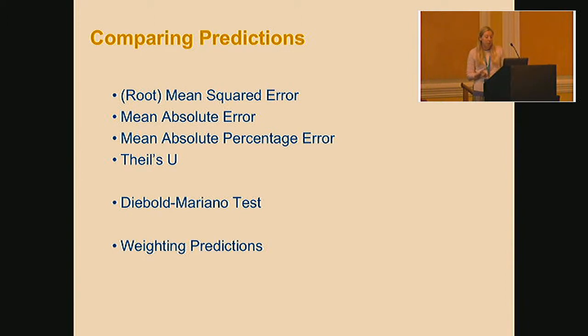In financial series, it might be better to weight under-prediction differently from over-prediction. So when predicting the direction of the result, whether positive or negative, rather than the size, it could be more costly to under-predict than to over-predict. So that's a way you can compare your predictions.